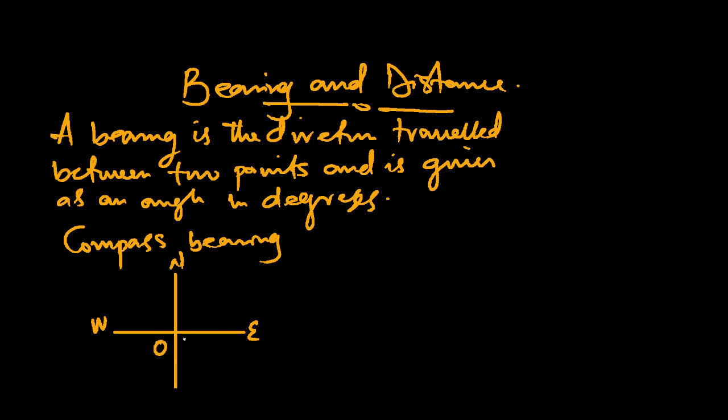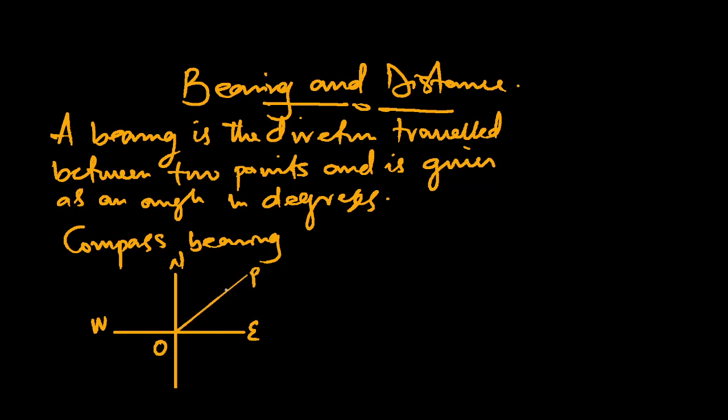So if I take my O as a starting point, and ON as the direction of the north, the bearing of an object P from O is the angle which OP makes with ON.